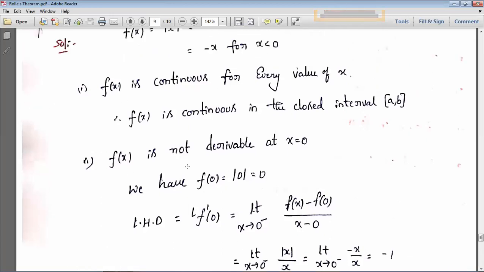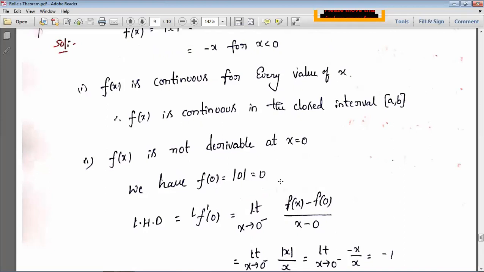The same question they may ask: give an example of a function which is continuous but not derivable. Okay. So in other words, they may ask the question, give an example which is continuous but not differentiable. So it means the function is a continuous function, but that function is not differentiable.